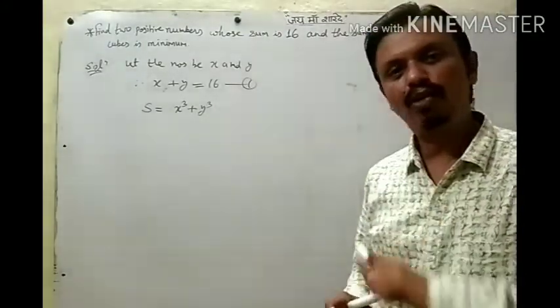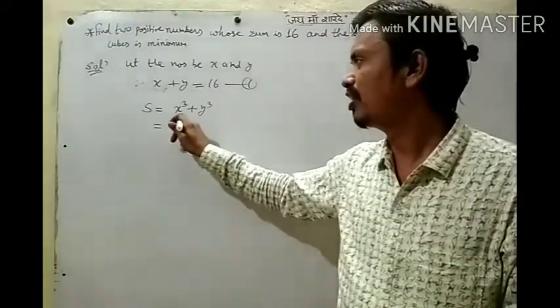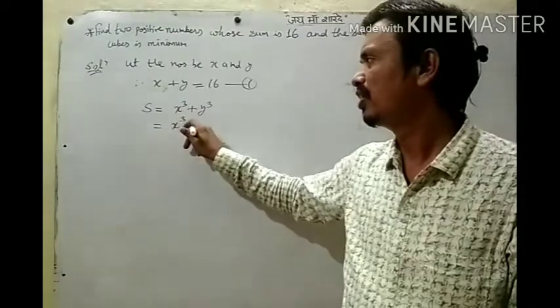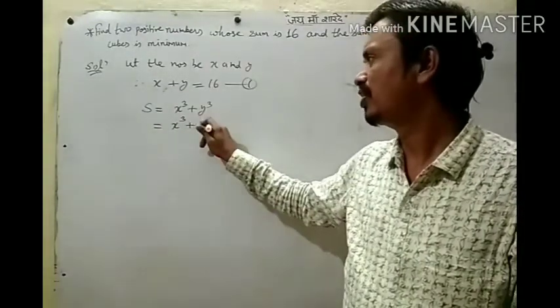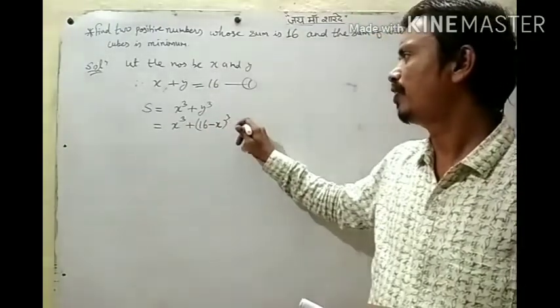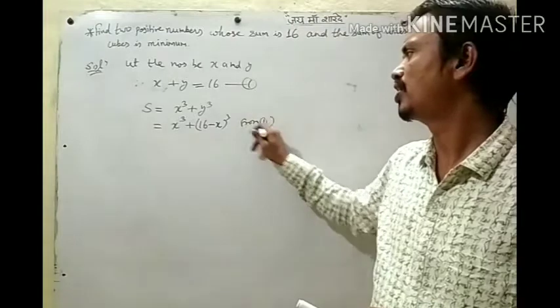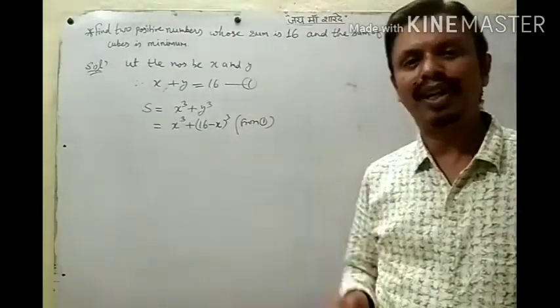Now again there are two variables, so we need only one variable. With the help of this condition, we can convert x into y or y into x. So I am taking y here. y will be 16 minus x, so S is x cube plus 16 minus x cube. From the first equation we got this condition. Now our S is in terms of only one variable x.